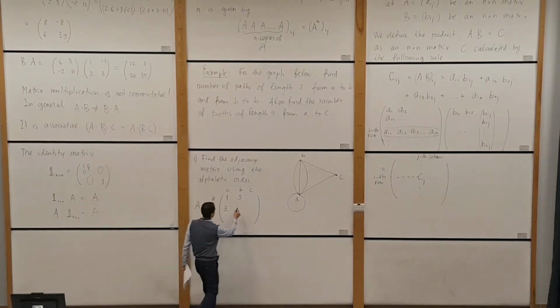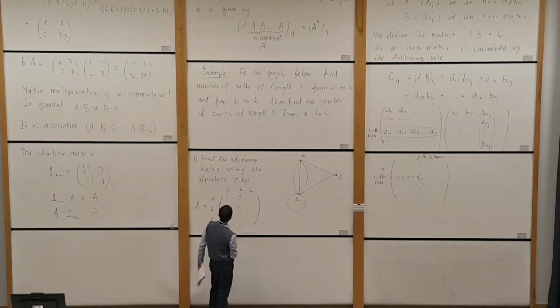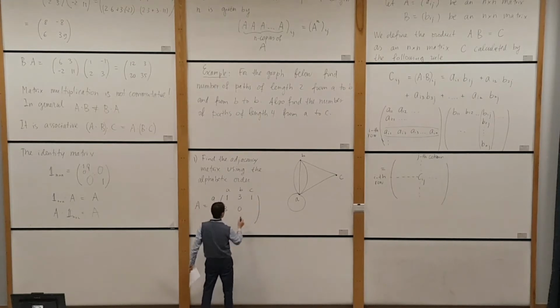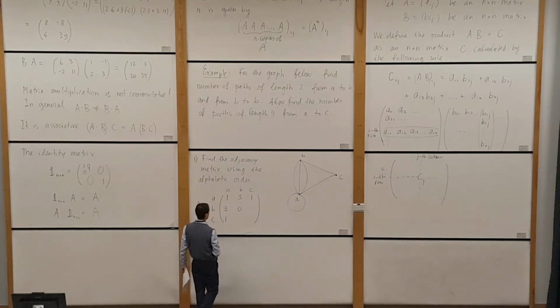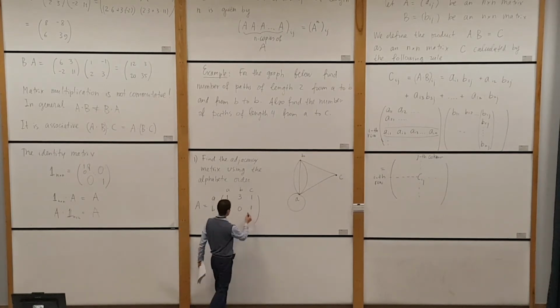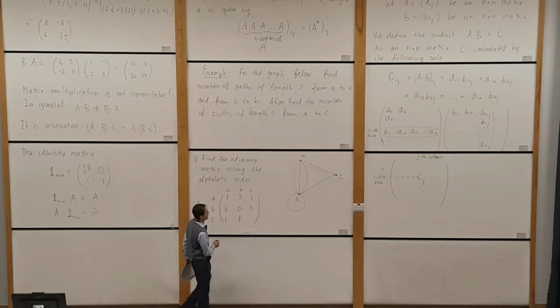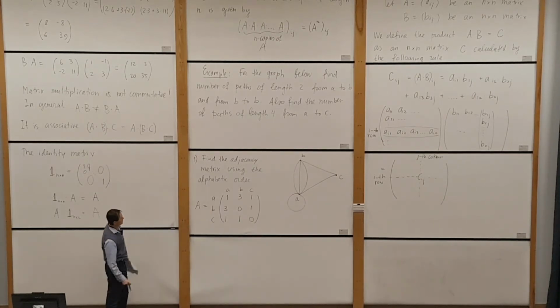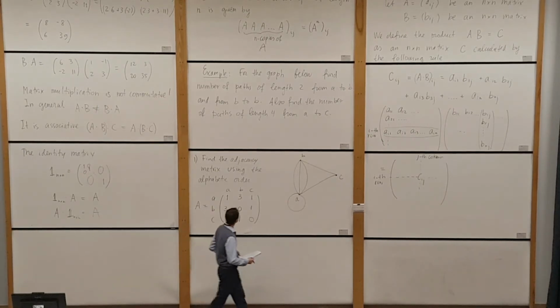On B I have no loops, so I put 0 here. Between A and C there's a single edge, so 1 here and 1 there. Between B and C there's also a single edge, 1 here and 1 there. And on C there are no loops, so I put a 0 for that entry. So this is the adjacency matrix for this graph.